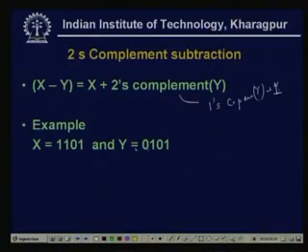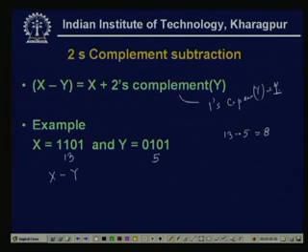See, there are two numbers, x is 1101, so the decimal equivalent is 13, and y is 0101, the decimal equivalent is 5. So, I want to do x minus y, which should be 13 minus 5 equal to 8.